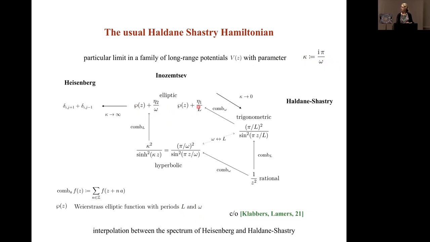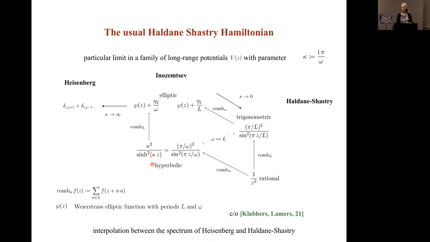If you take different limits of this elliptic potential, if kappa goes to infinity or omega goes to 0, only the nearest neighbor interaction survives. If you send kappa to 0, you get this trigonometric or Haldane-Shastry model. If you send the length to infinity, then the potential becomes hyperbolic, and it's a little bit easier to study.